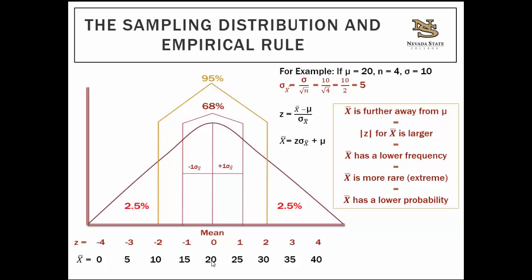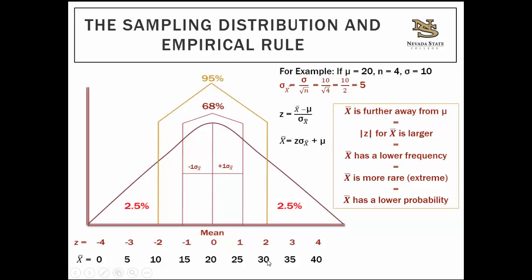10 is 2 standard errors below the population mean of 20. And remember, we have predictable probabilities associated with any given sample mean now based on the population mean and the standard error. So 68% of any possible sample mean that you could possibly draw from this population will fall between 15 and 25, within one standard error of the population mean. And 95% of those possible sample means will fall within 2 standard errors of the population mean, or between a mean of 10 and 30.